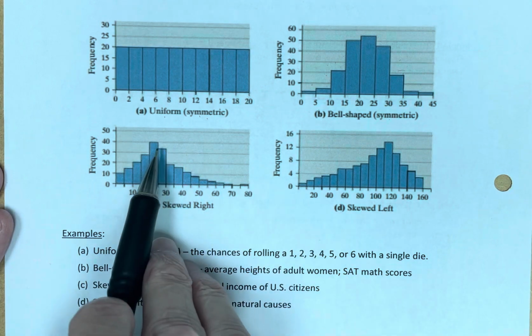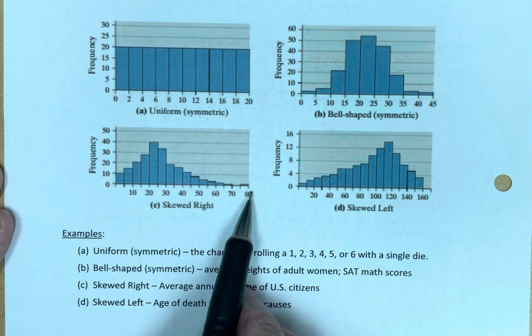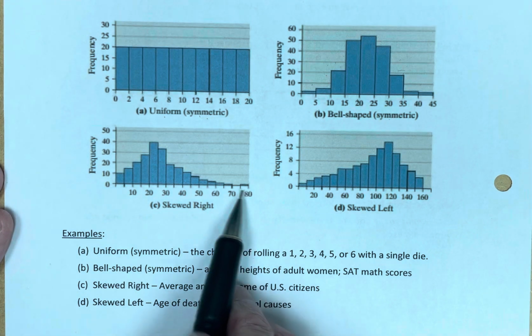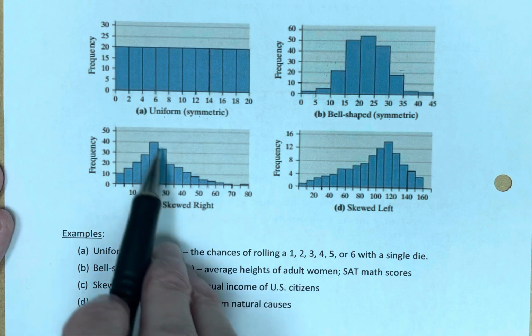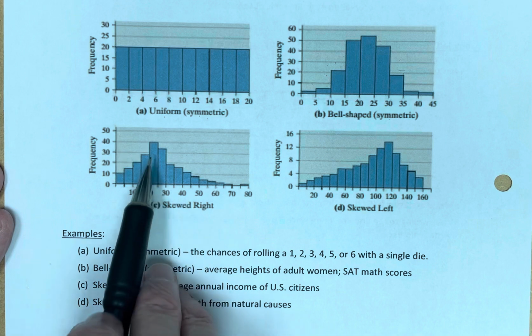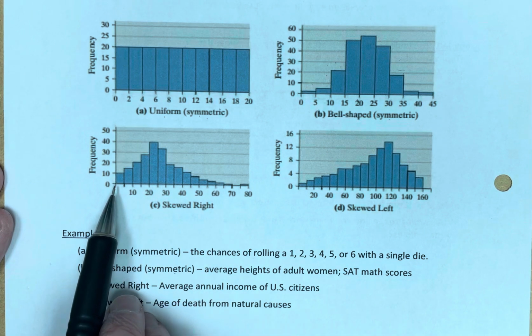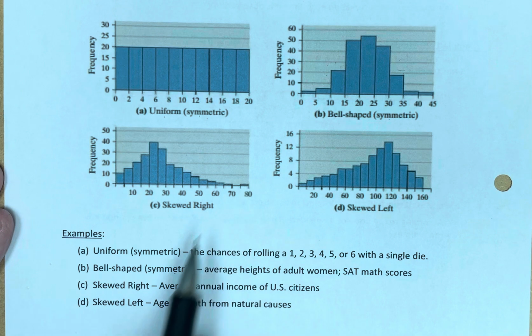But you do have people that get to the 1 billion level. Jeff Bezos, for example. So you have a lot more possibilities for numbers to the right of the average. So there's an example of skewed right. Not as many possibilities below the average, far more possibilities above the average.